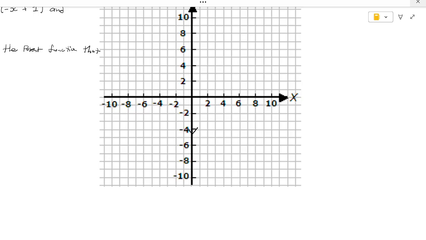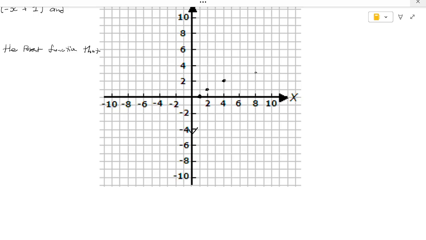If we have log base 2 of 1, that will be equal to 0. So we can have this point here. Log base 2 of 2, of course, will be 1. And pretty much any other whole number power of 2 will work. So for 4, we'll have the point 4, 2.